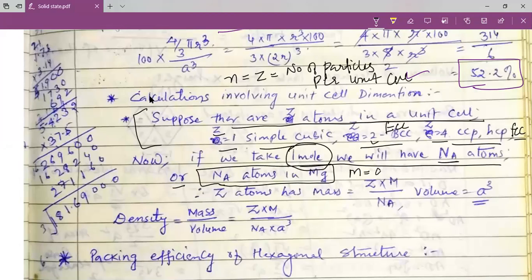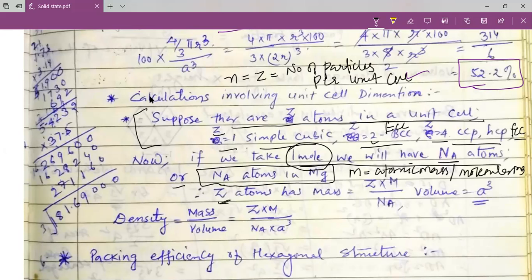M is either the atomic mass or the molecular mass. So M is generally atomic mass for the elements and molecular mass for the molecules.